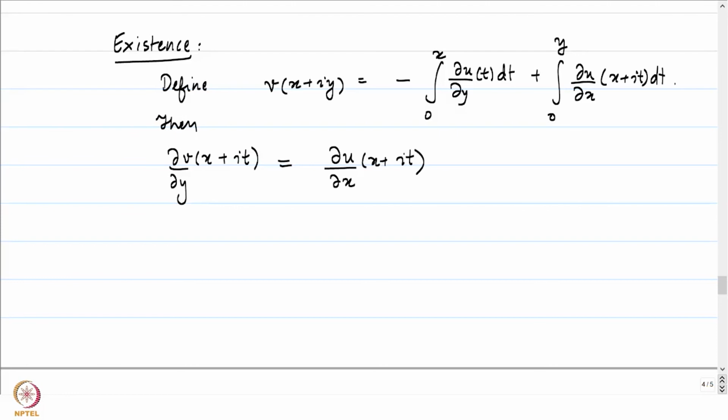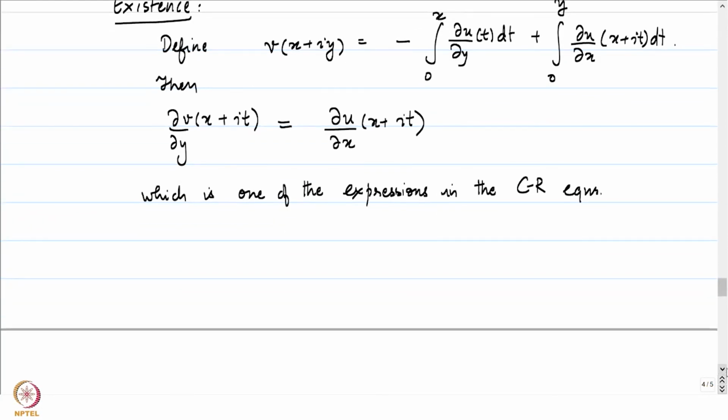And that's one of the Cauchy-Riemann equations.